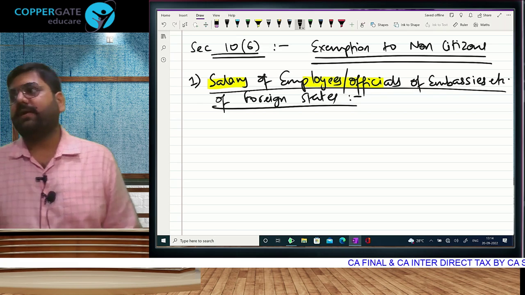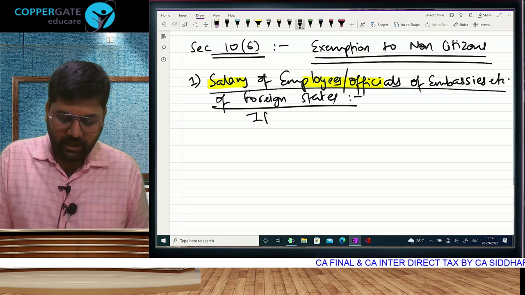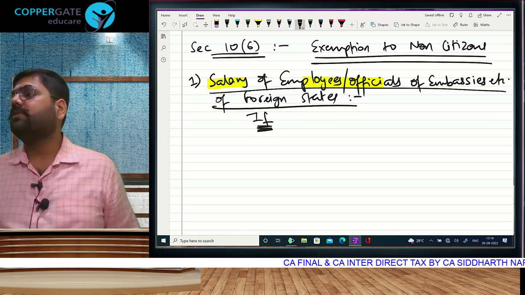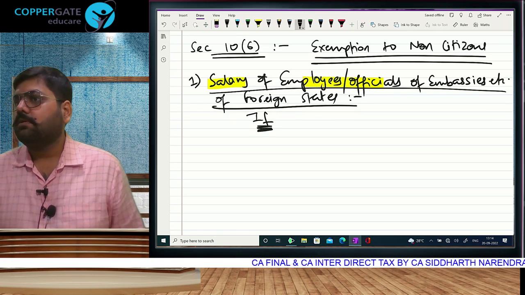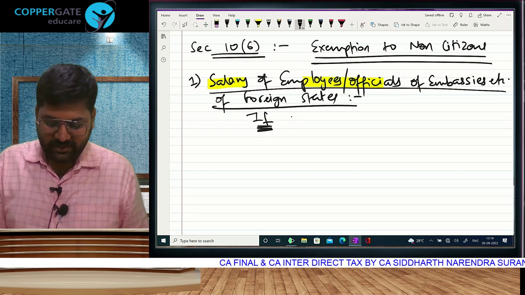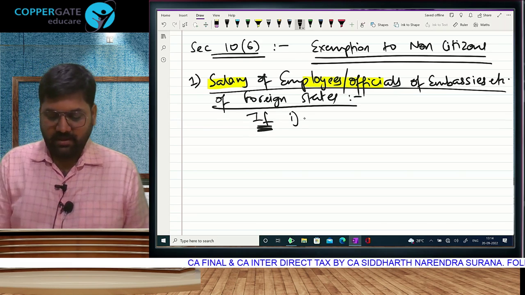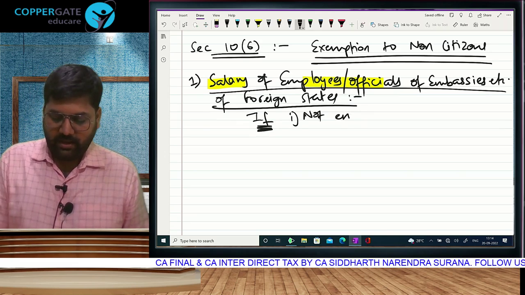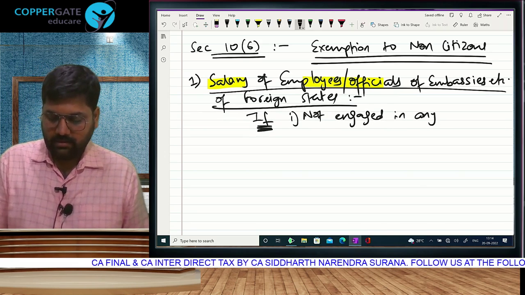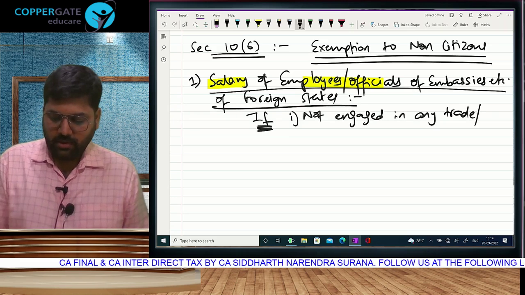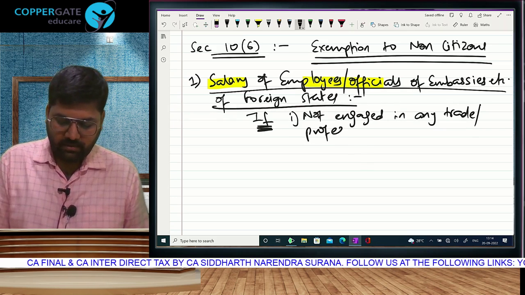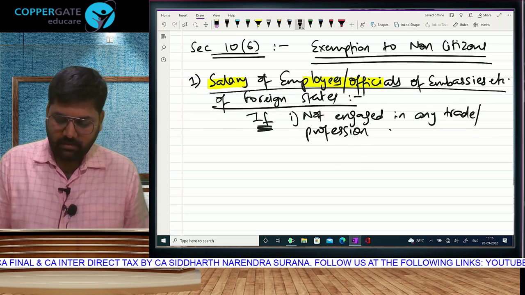We will not take tax on that salary if matlab condition 1, they are not engaged in any trade or profession in India.